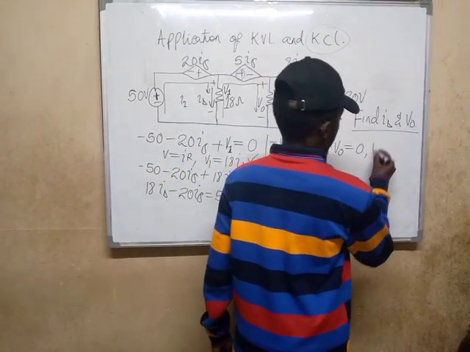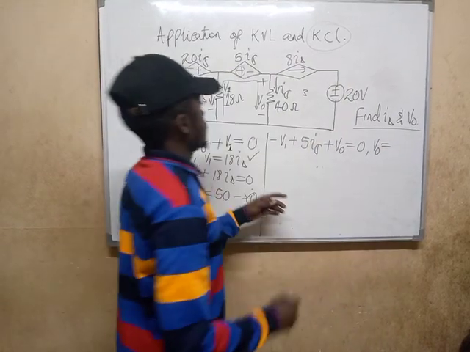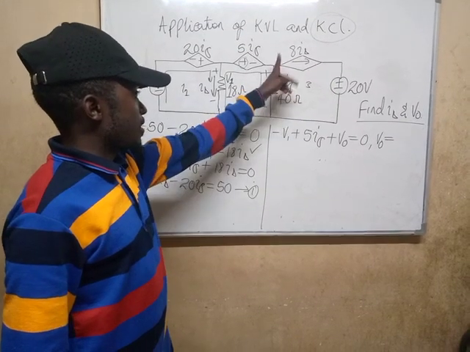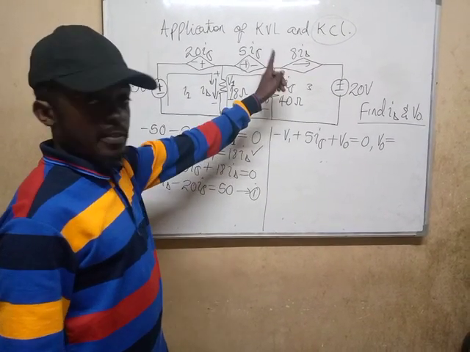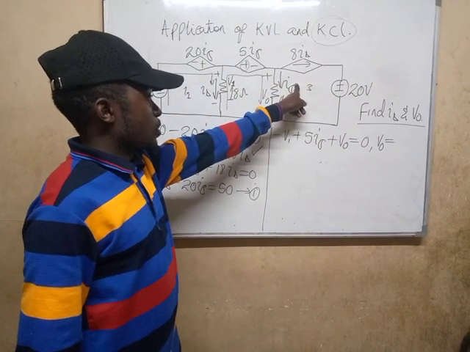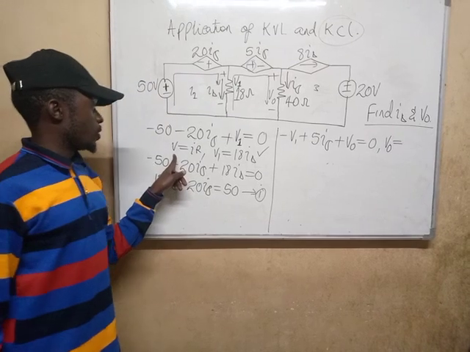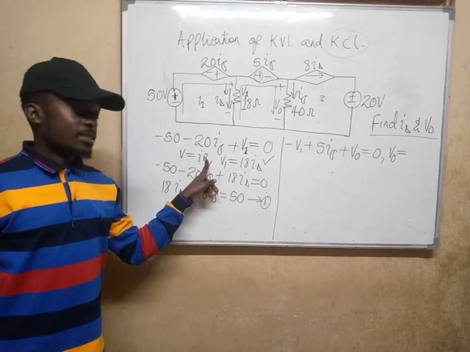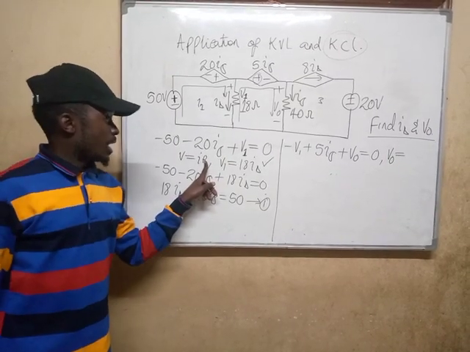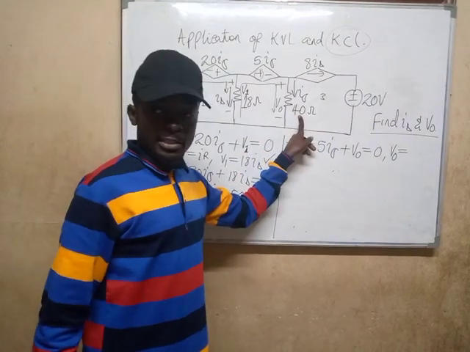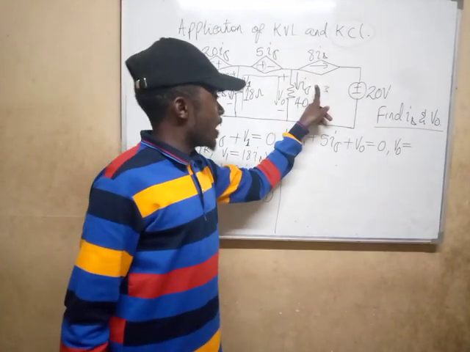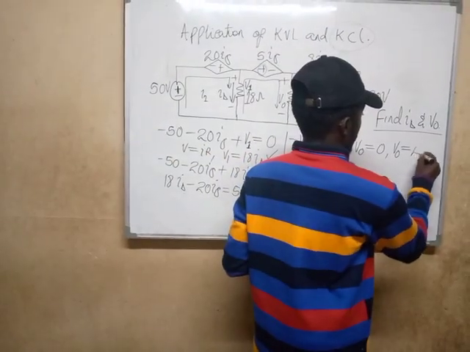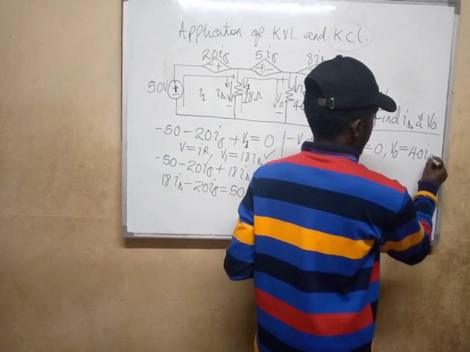So my VO is simply equal to, I know that the current entering this junction is I sigma. According to Ohm's law, voltage is equal to current times resistance. The resistance here is 40 and the current is I sigma.